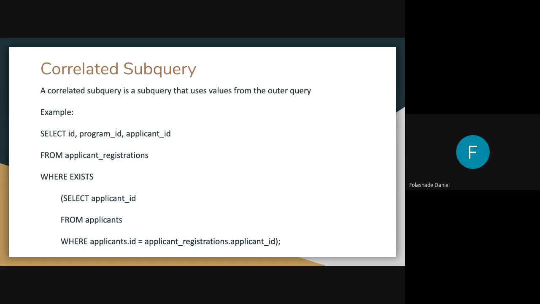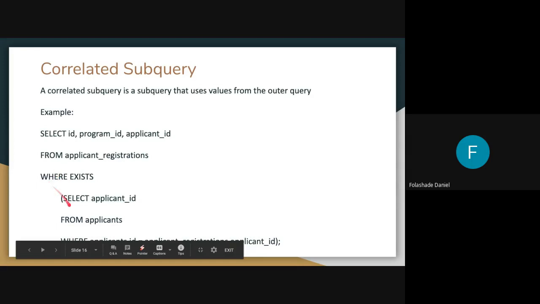Then there's something called a correlated subquery. A correlated subquery is a subquery that uses values from the outer query. According to this example here, the one in brackets is a correlated subquery.